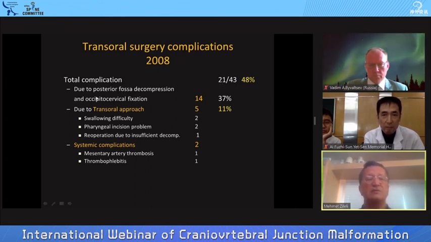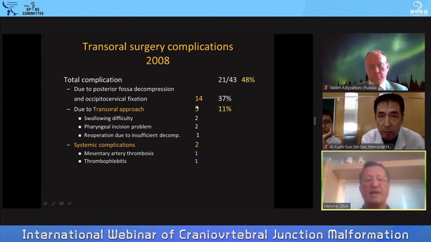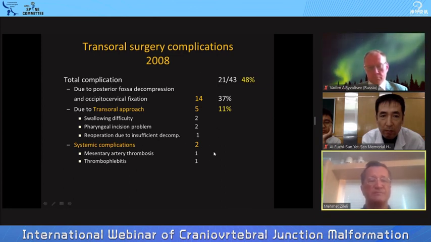But 14 of the cases had complications because of occipitocervical fixation, not transoral surgery. 11% had complications due to transoral surgery. Swallowing difficulty, pharyngeal incision problems, and reoperation due to insufficient decompression were the most common ones. There were also some systemic complications.